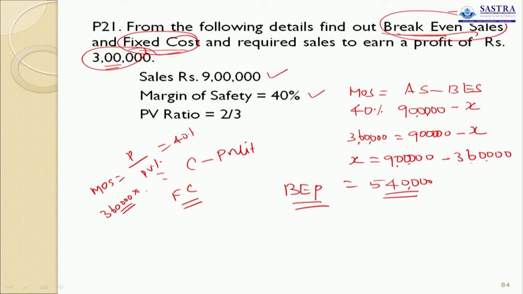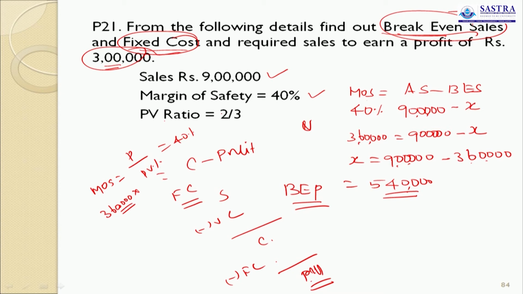This is very simple. Then actual sales minus break even sales, this is called what? Simply, you go for sales minus variable cost, this is contribution, less fixed cost, this is profit. So profit is 40% on sales, and fixed cost we are also going to calculate.